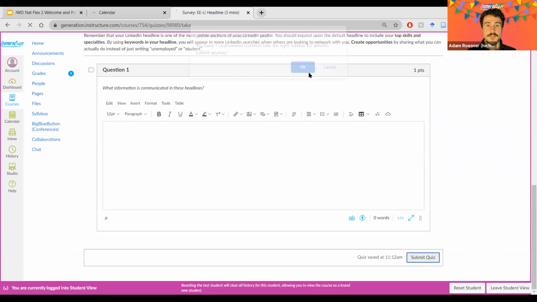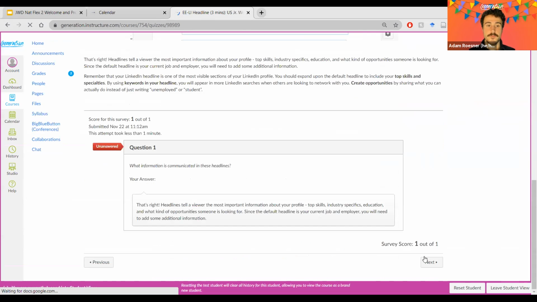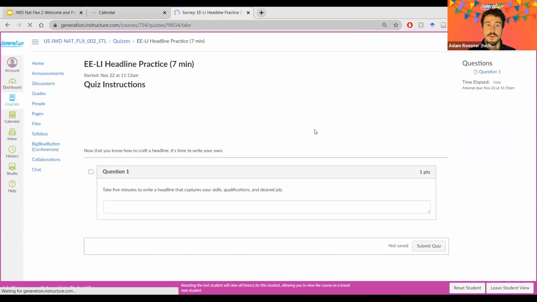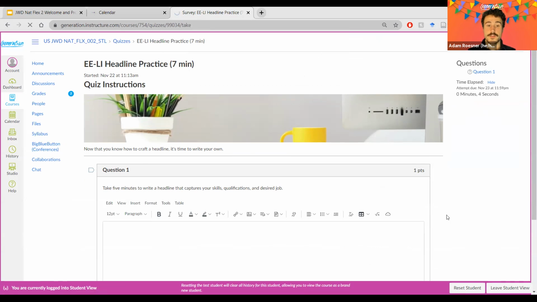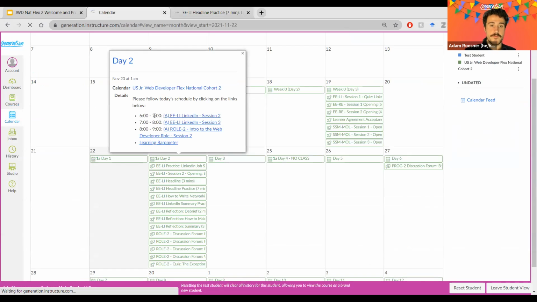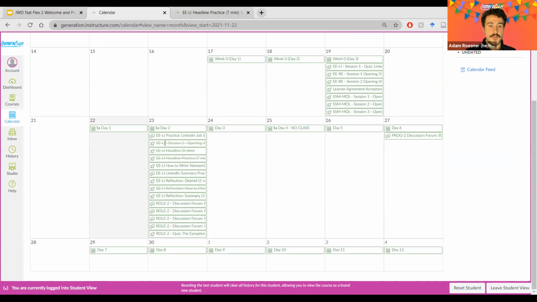And as I progress, and I've been submitting these assignments, I should notice that on my calendar, things will start to get crossed off. If I go back to my calendar and I refresh the page, notice I have 3 things crossed off here, and I didn't have to directly access any of them.